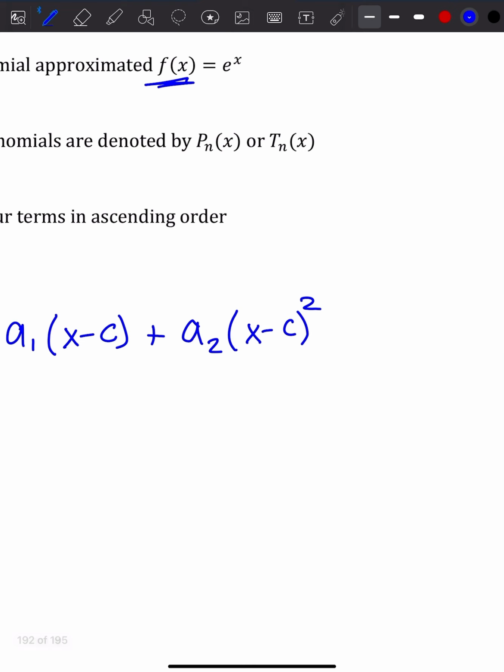And this is going to follow this pattern. We're going to keep multiplying some coefficient that we may or may not know about times x minus our center to the power of whatever a sub we're on. And that degree increases every single time until we get to a sub n times x minus c to the nth power.